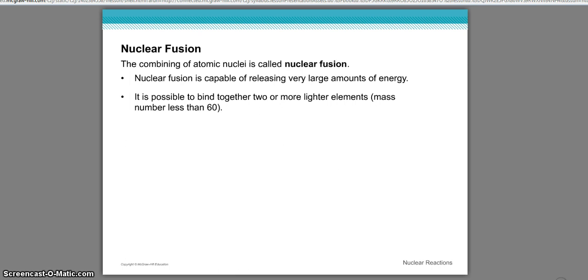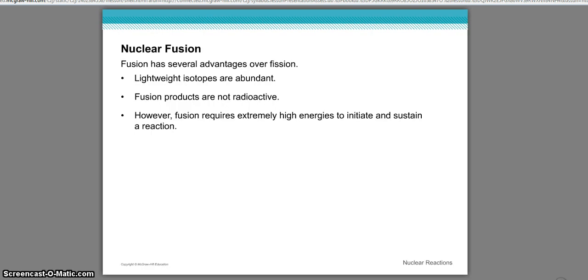Now, the good thing about fusion is you're actually putting together really light elements, things like hydrogen and helium and things that are not radioactive, which is useful because then you're not worried about the byproducts of being radioactive. The lightweight isotopes that you need are really abundant, and that's actually how the sun produces energy, is through nuclear fusion. The problem, however, is that it requires extremely high temperatures to start the process and to initiate it.